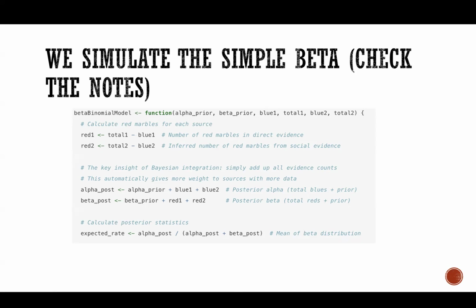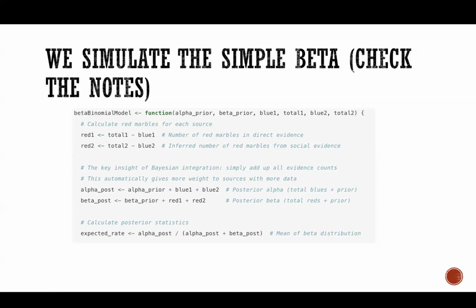And then what we have is that the posterior for the alpha is just given by the prior for the alpha plus blue 1, what we see in our hand, and blue 2, what the other is saying. The posterior for the beta is whatever is in our beta prior plus the amount of red marbles we see in our hand and the amount of marbles that we assume being in the other person's hand.